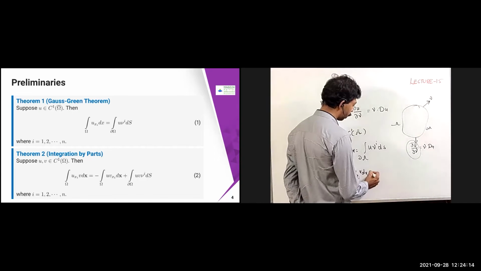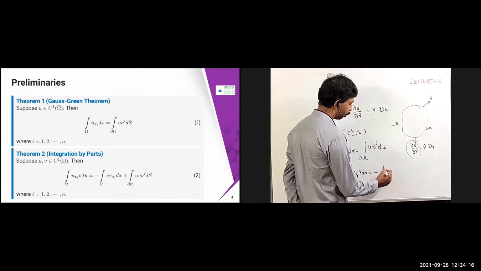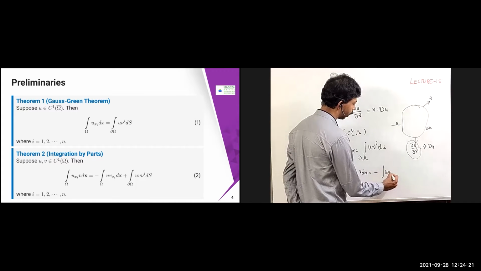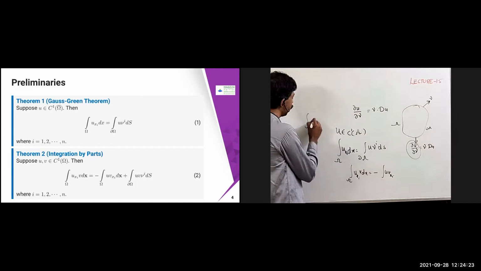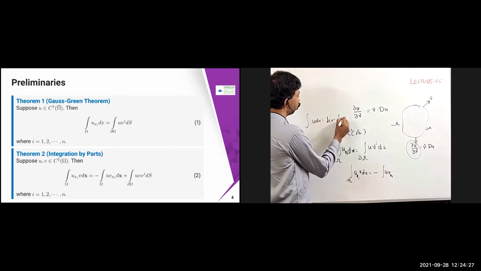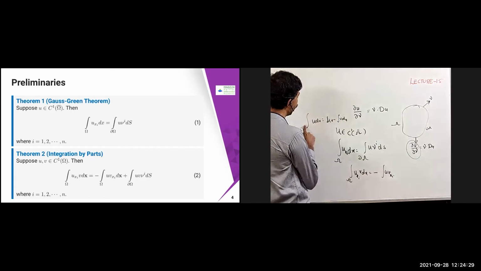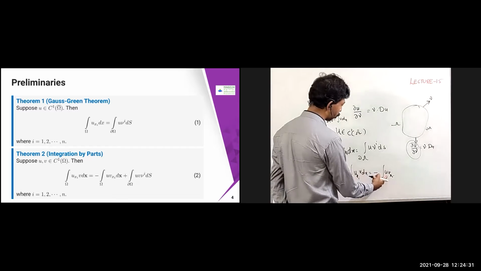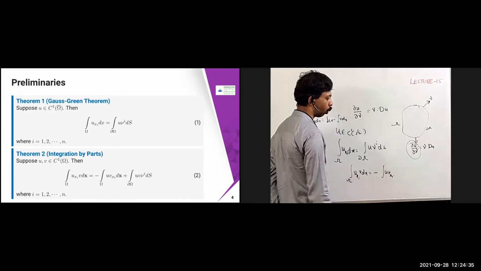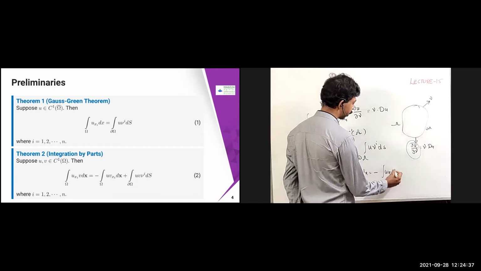So that is going to be minus the integral of u, and I'm just going to throw the derivative from here to here: u v_xi, that's what we do, right? So u dv you can write as uv minus v du. That means this will go here and this is going to be thrown over there, v_xi into dx.